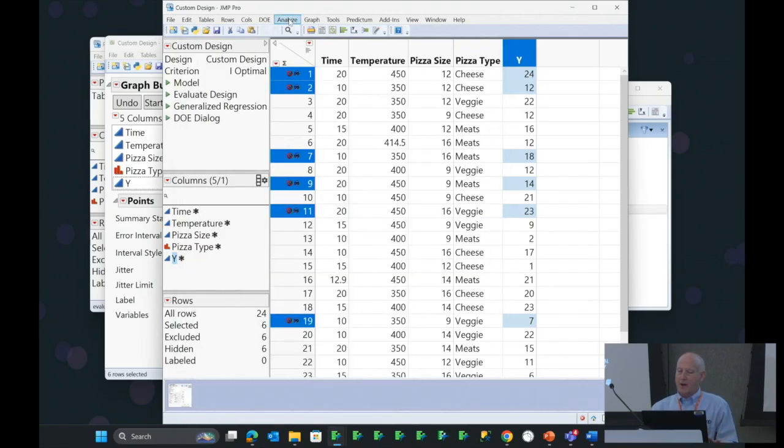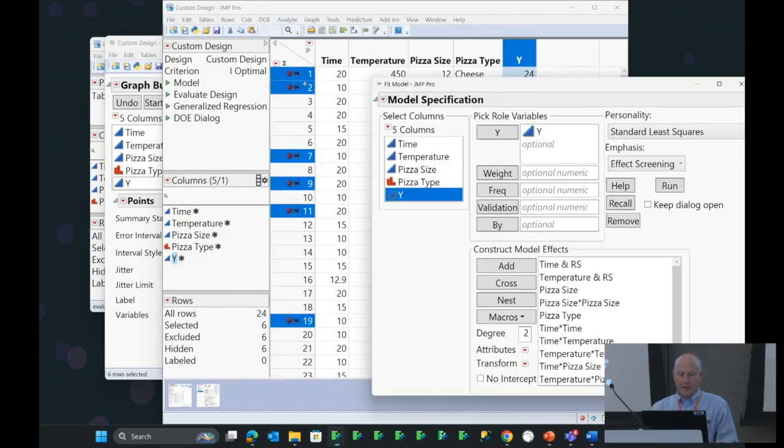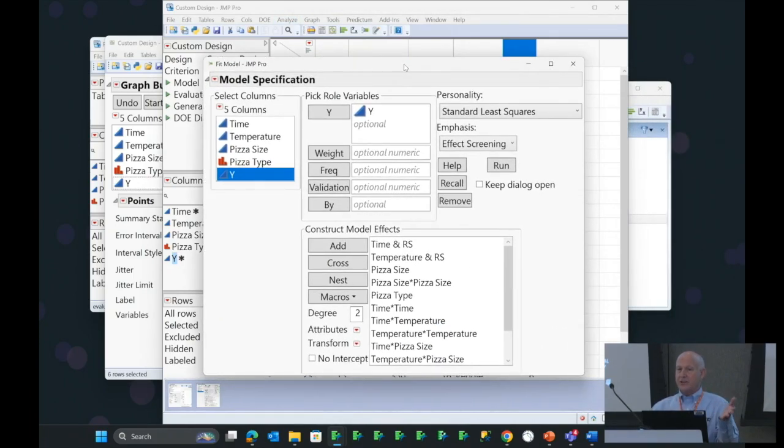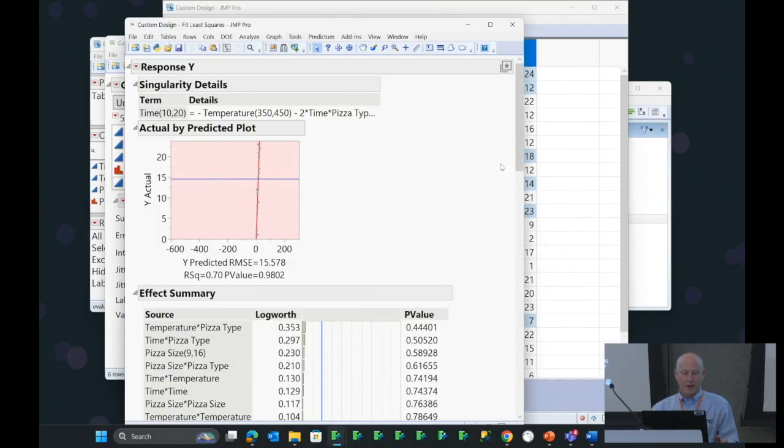But now I go to fit my model. And remember, the model for this was the full RSM. There's a chance this might not fit. It might, but let's just run it. And it says there's a singularity here, that I lost enough information to fit the full model that was proposed.